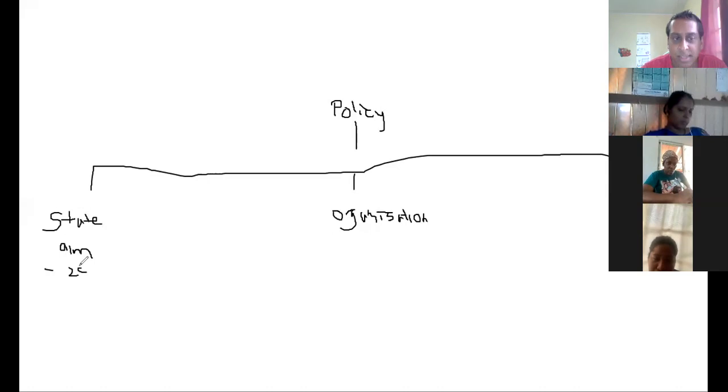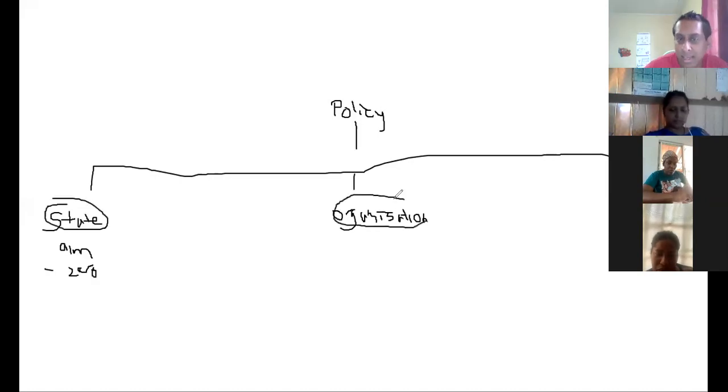Remember that the policy is 1 document, and these are really headings in the policy. The statement of intent is a heading, the organization is a heading. If you think of this as a book, and as you open the book, there's a section in the book. The first heading is going to be the statement of intent. The second heading is the organization. But all of this still makes up 1 book, which is the policy book for health and safety.